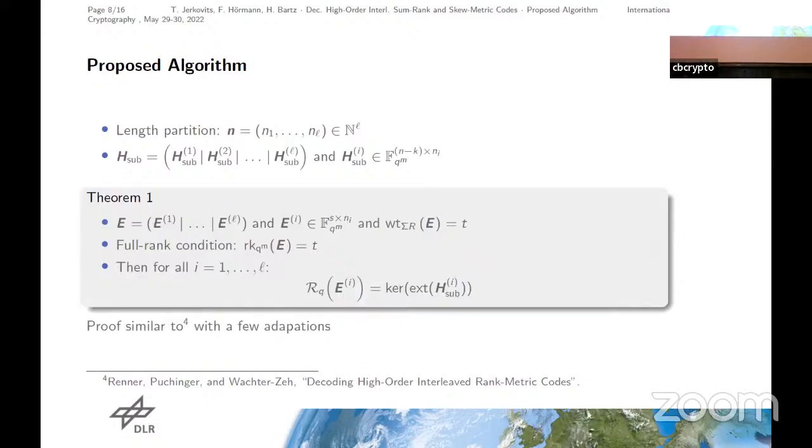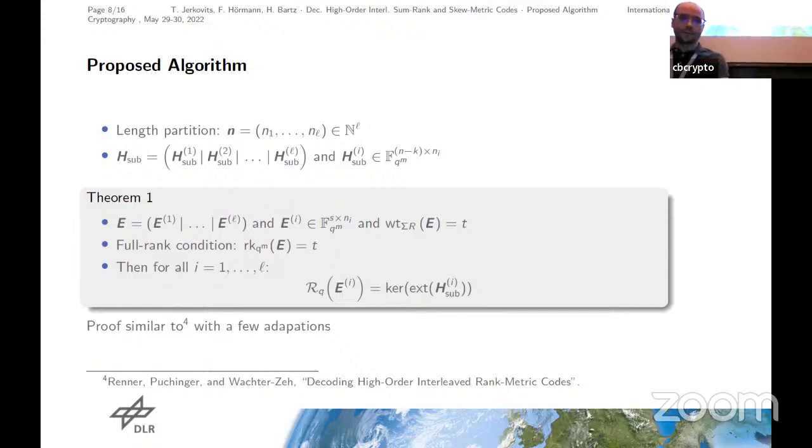So with our length partition, we can also slice H sub into these blocks. Another theorem then says that if we have the error also with the length partition, some rank weight T, and the full rank condition given, then the row space over FQ of each block of the error is equal to the kernel of the H sub block expanded over FQ, column-wise.